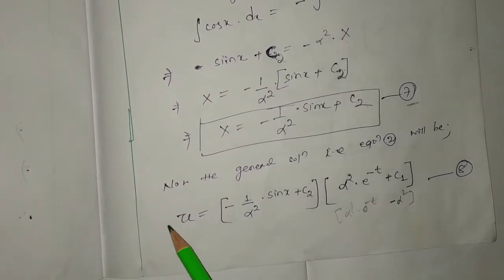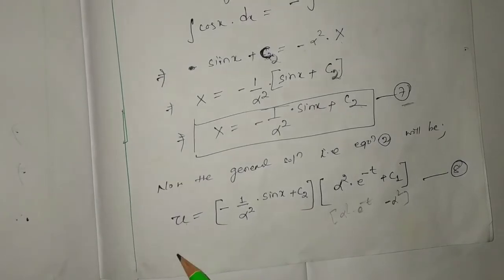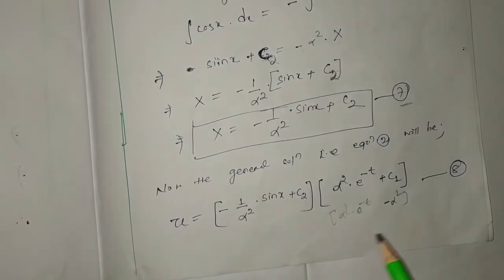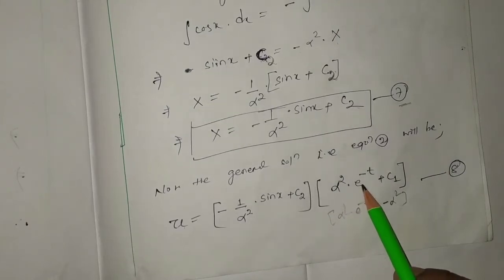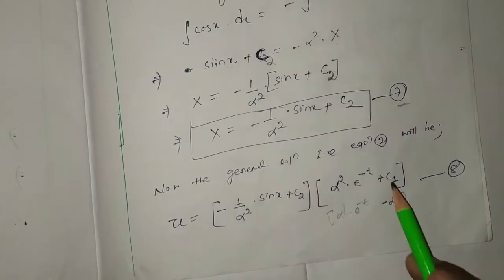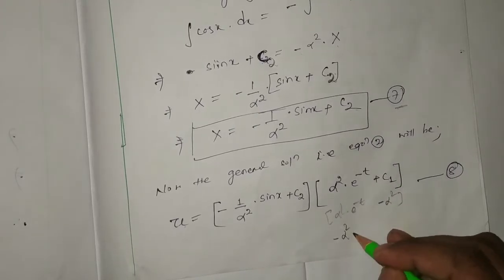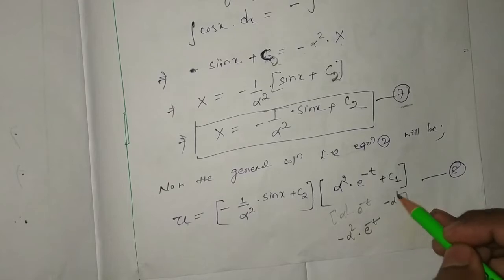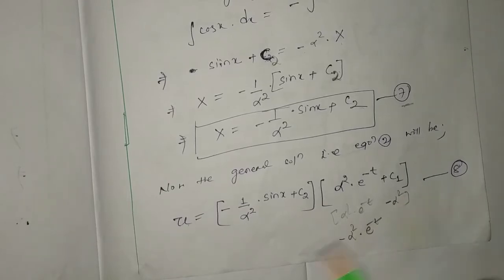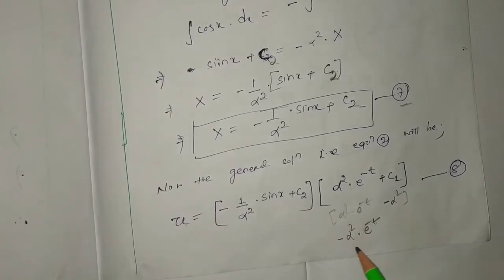If we consider ∂u/∂t, then this will be the constant, and the derivative of alpha square into e to the minus t with respect to t will be minus alpha square into e to the power minus t, and the derivative of alpha square will be equal to 0. So ∂u/∂t will be this term into this one.